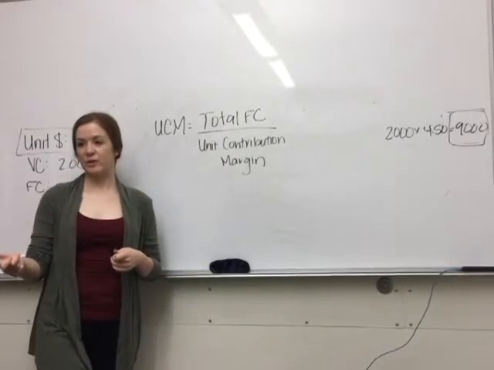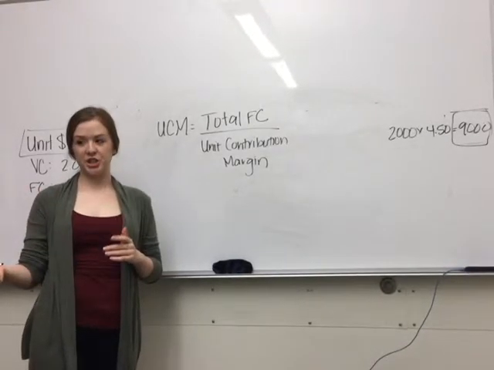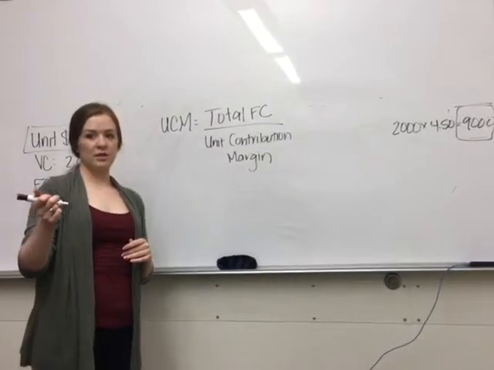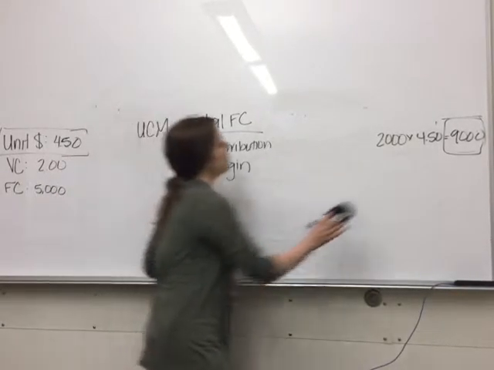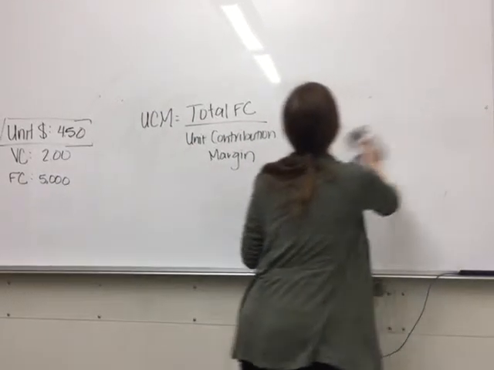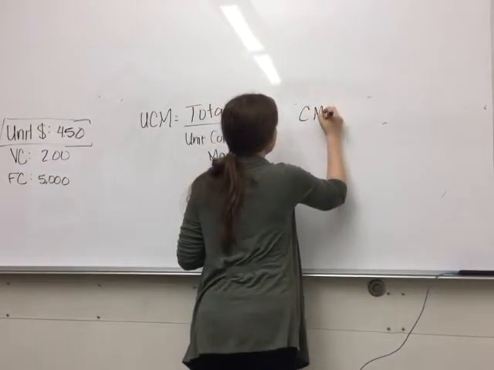Okay, so what is the next formula for the contribution margin ratio? It is the total fixed cost and the contribution margin ratio percentage equal to the break-even sales. Correct. So, contribution margin ratio formula.